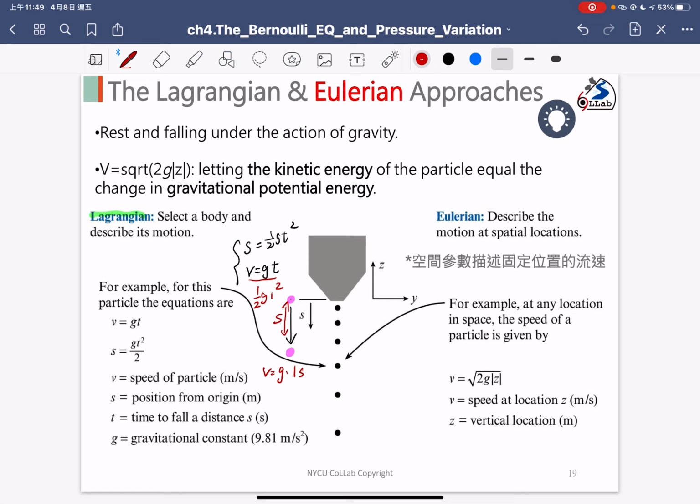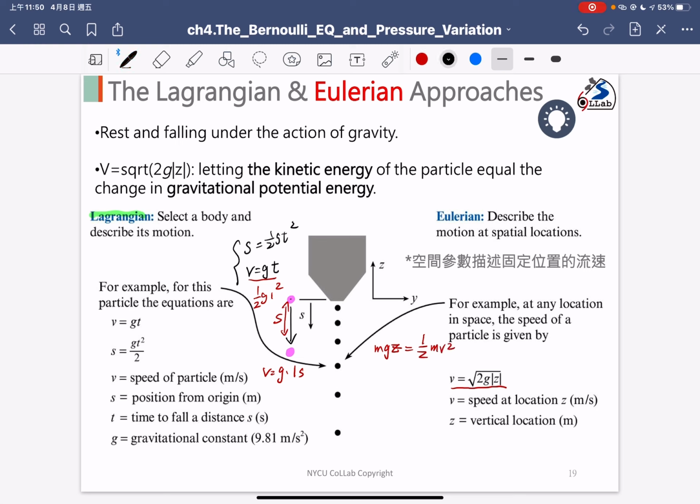But for the Eulerian, we only need the velocity functions related to the spatial locations. Based on the energy balance, the potential energy is mgh, right? I replace the h with z, the elevation, the height. It's equal to the kinetic energy, one half m v squared.